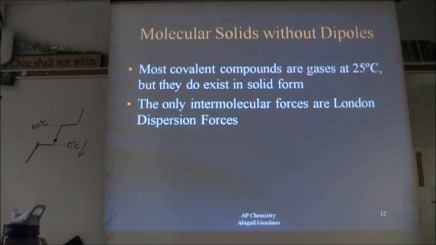You'll notice there's only 2 elements that are colored blue. Those are the only 2 liquids at room temperature. The ones mostly in the upper right-hand corner that are colored sort of orange, those are gases at room temperature.